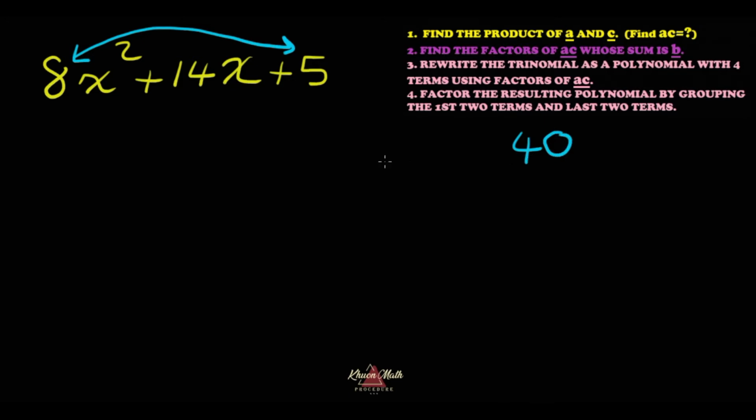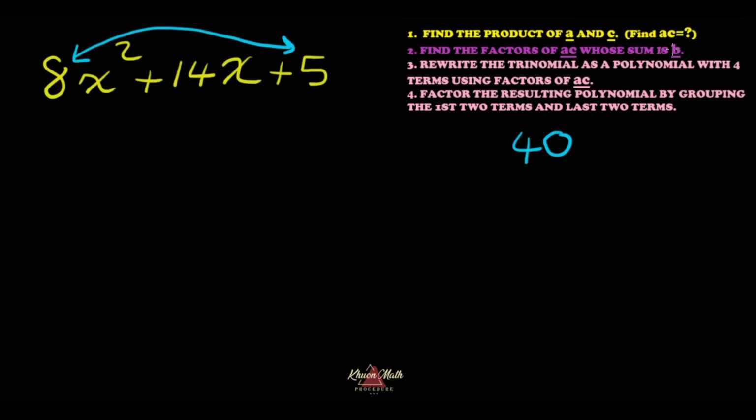So that's step 1. Step 2 is to find the factors of AC whose sum is b. So you have to come up with 2 numbers that when you multiply those 2 numbers, it comes out to 40.